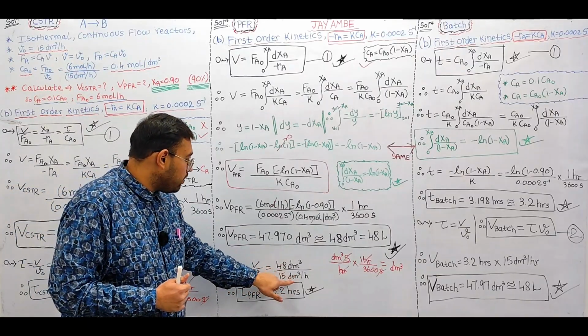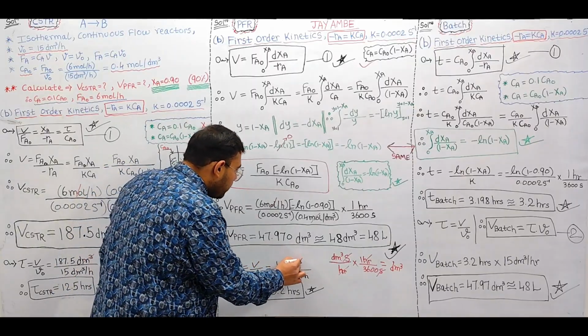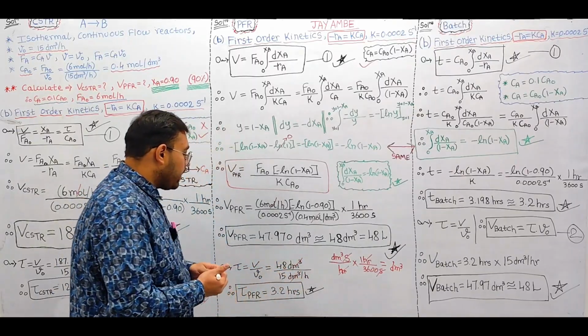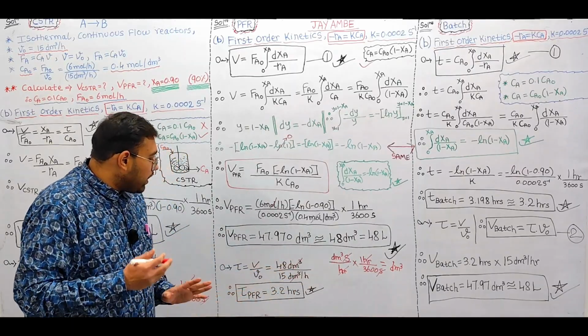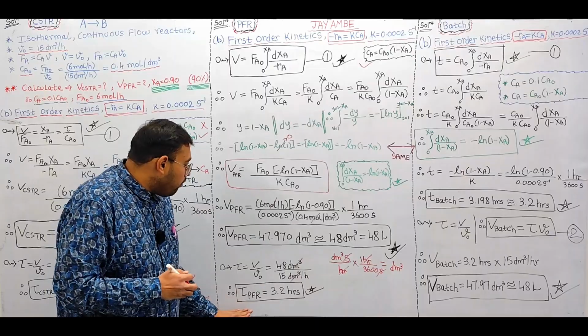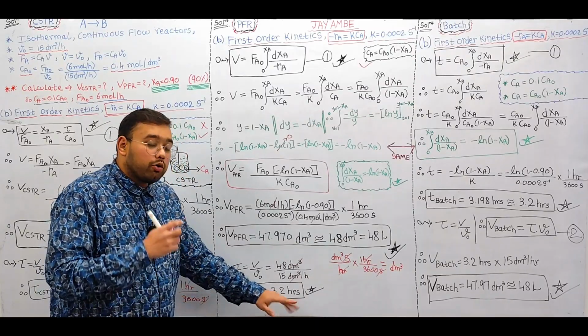From the numerator and denominator, the cubic decimeter can be cancelled off and we remain with hours. After solving, you will get the tau of PFR, the space time of PFR, as 3.2 hours.